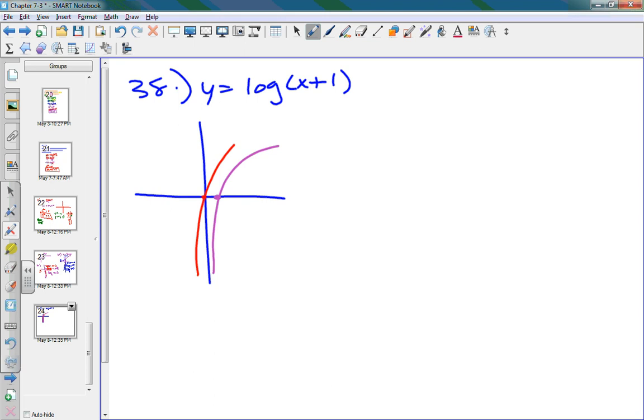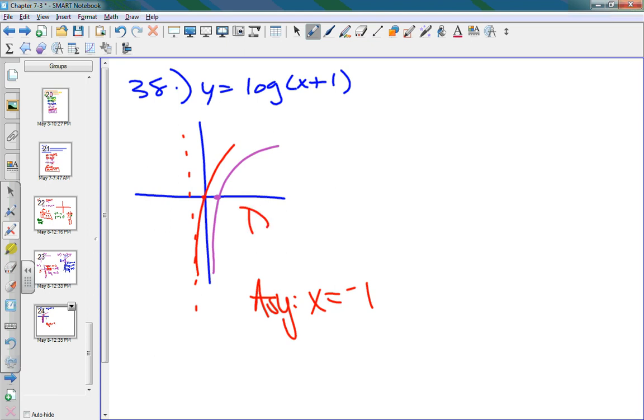So since my asymptote was x equals 0, what's my asymptote now? It's getting really close to what value? -1. So my asymptote now moved to the left to be x equals -1, right?